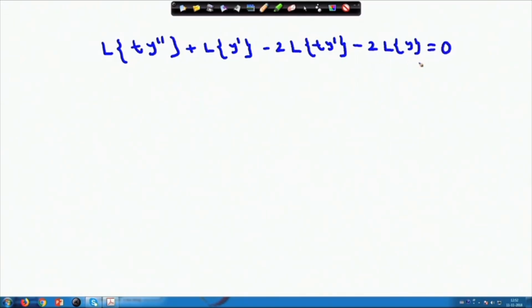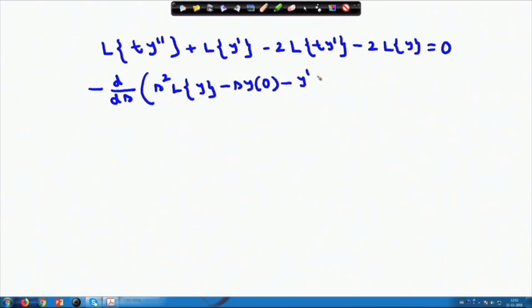Laplace transform of t y double dash is minus d d s of Laplace transform of y double dash only. So, minus d d s of s square Laplace transform of y minus s y 0 minus y dash 0, plus Laplace transform of y dash. Laplace transform of y dash is simply s Laplace transform of y minus y 0.